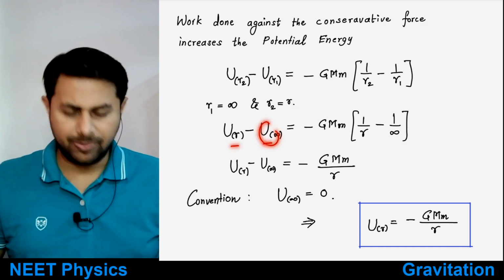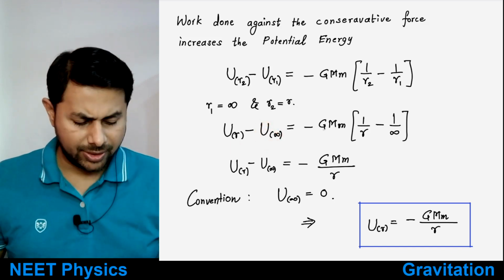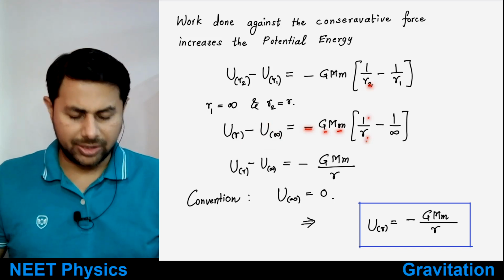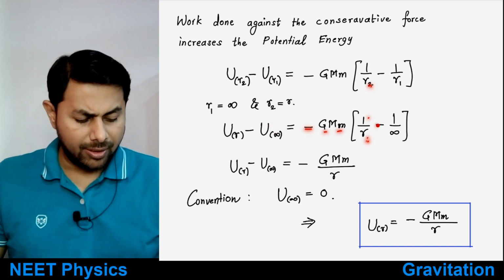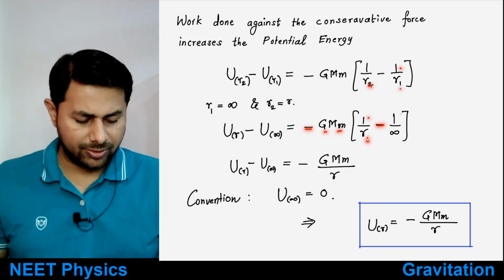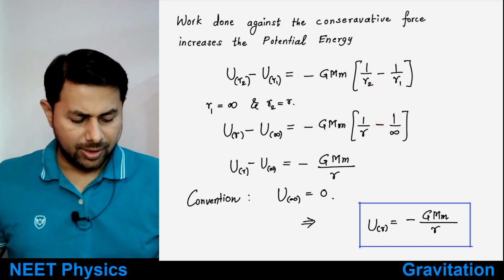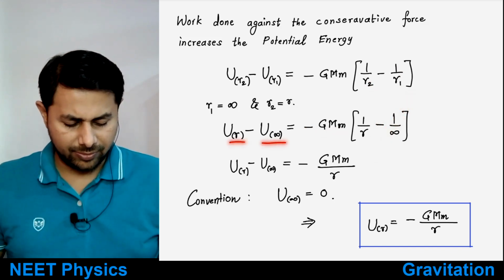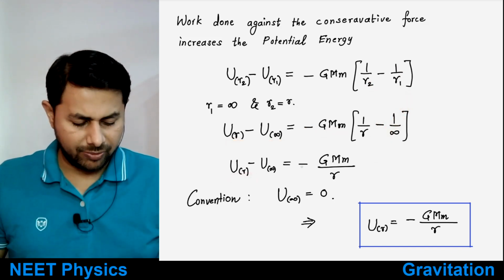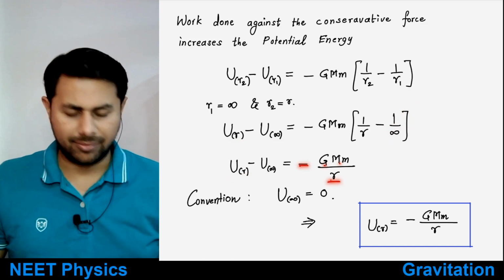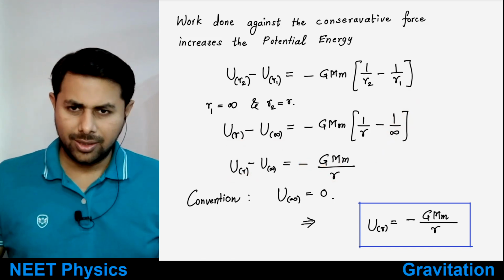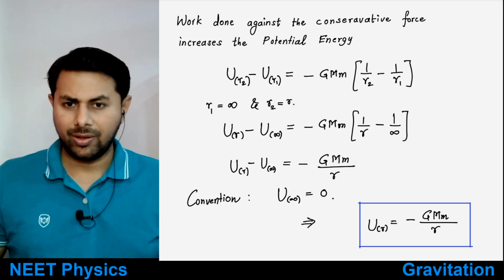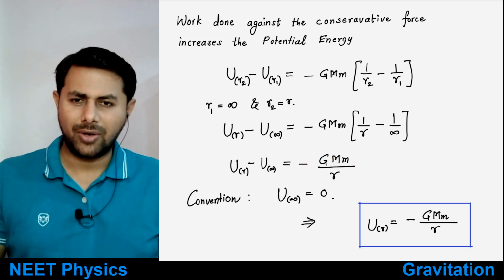This difference is equal to minus of GMm multiplied by 1 by R minus 1 by infinity. 1 by infinity is 0, therefore the potential energy difference is equal to minus of GMm divided by R.